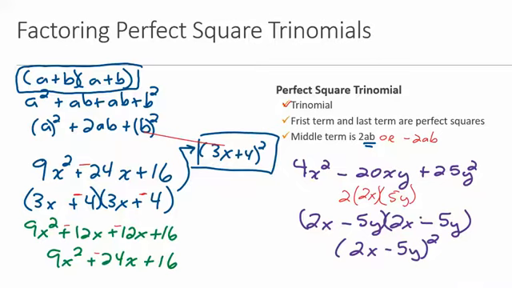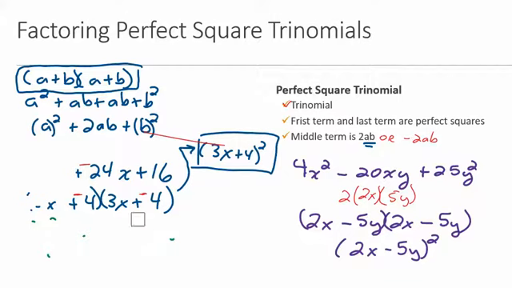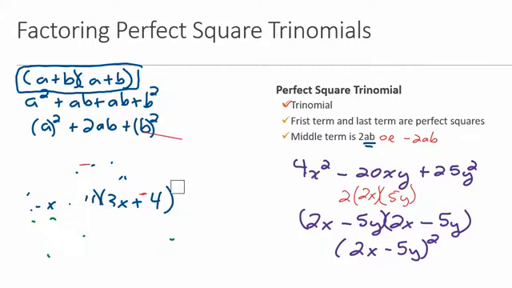Now, always be aware with any kind of factoring, there could be a greatest common factor in there that you have to get rid of first. For example, if I started this problem that we just did, let's say there was a factor of 6 in there. So I could easily just put a factor of 6 in there.